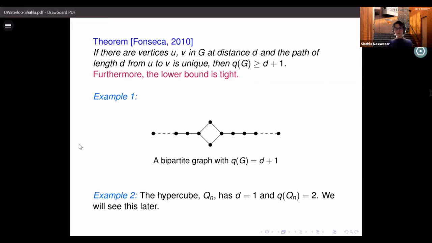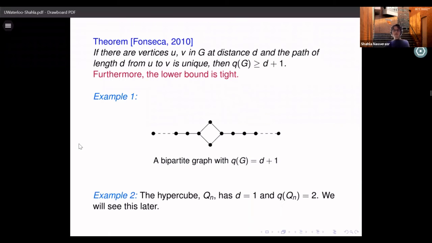So that's one graph where that lower bound is tight. And there's also another family of graphs where this lower bound is tight. Those are hypercubes, which I will talk about in more detail later. But for now, it's not hard to see that d in hypercubes is simply 1, but we will show later that Q of those is 2. So in this case also, Q is exactly d plus 1.